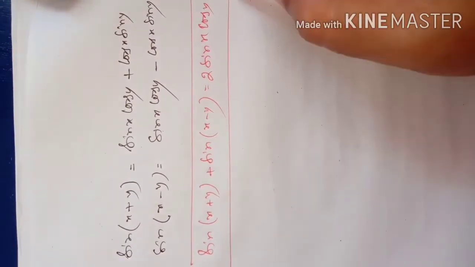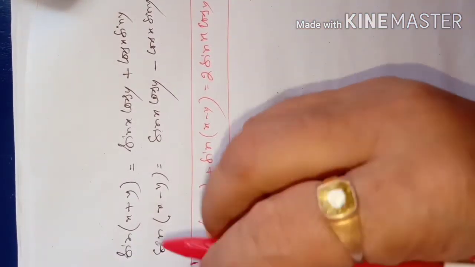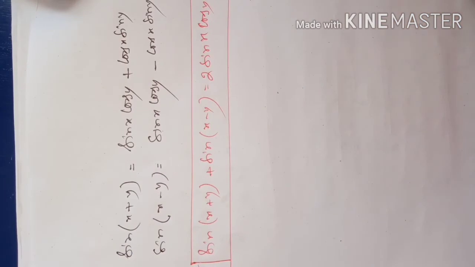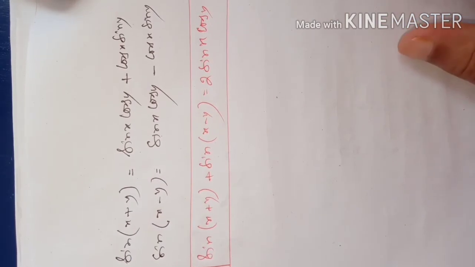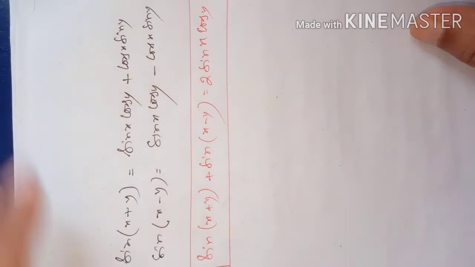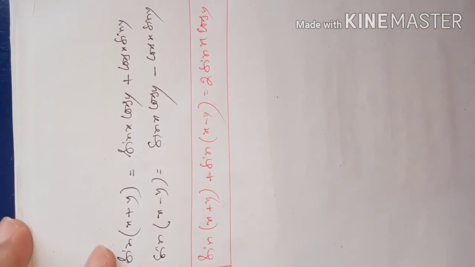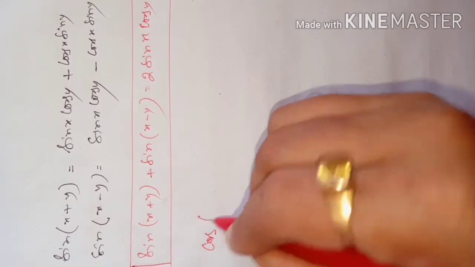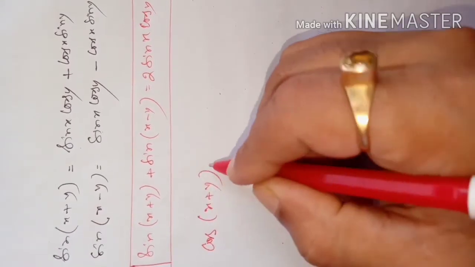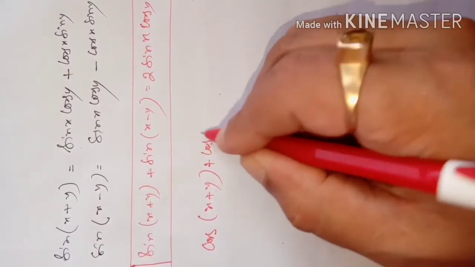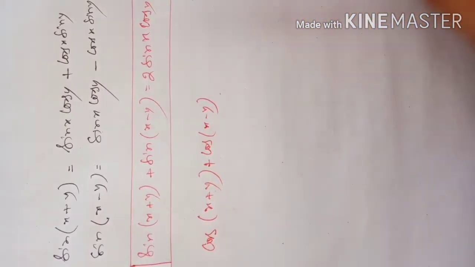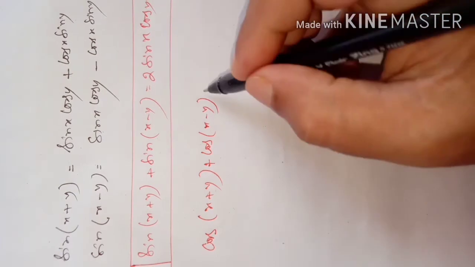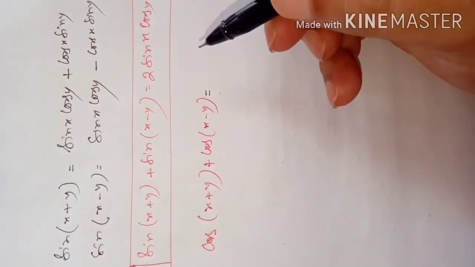We have learned this type of derivation, how to derive a new identity from an existing or previously established identity. Suppose we are given cos. In a similar way, if we add cos(x plus y) with cos(x minus y), what may we get? Dear students, tell me what we may get. Okay, you have gone through it, I think.